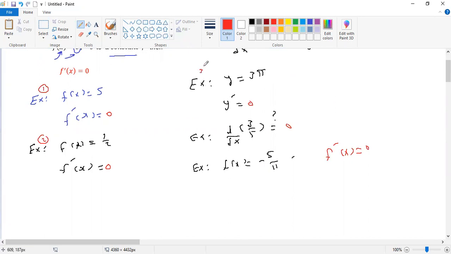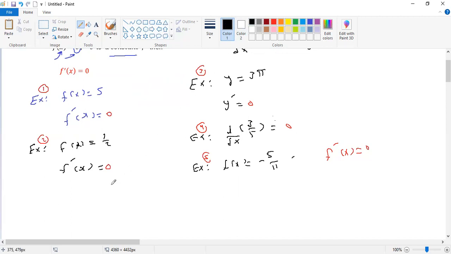Example number 3, y equals 3π, always the output 3π. No change, no x, y prime is 0. Example number 4, y is 3/5, the derivative is 0. Example number 5, f(x) equals negative 5/11, also 0.